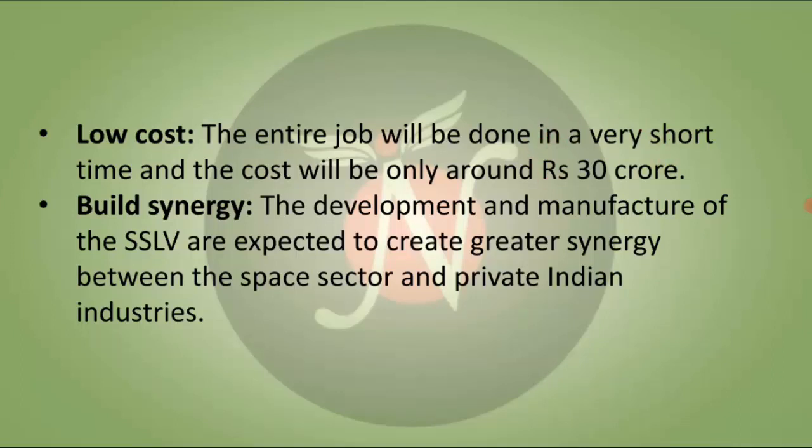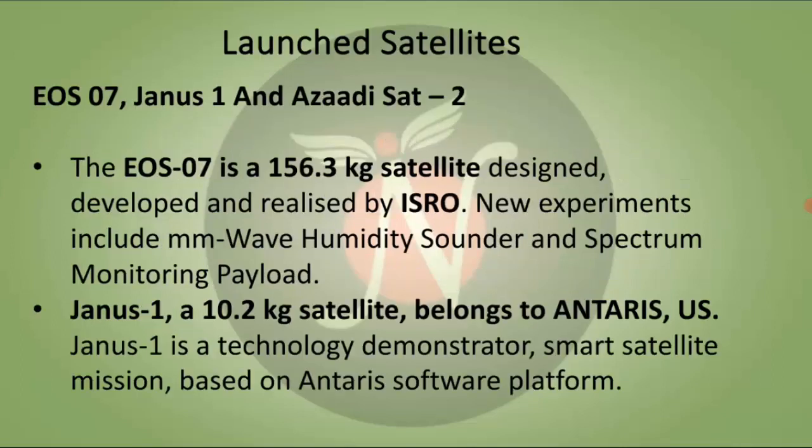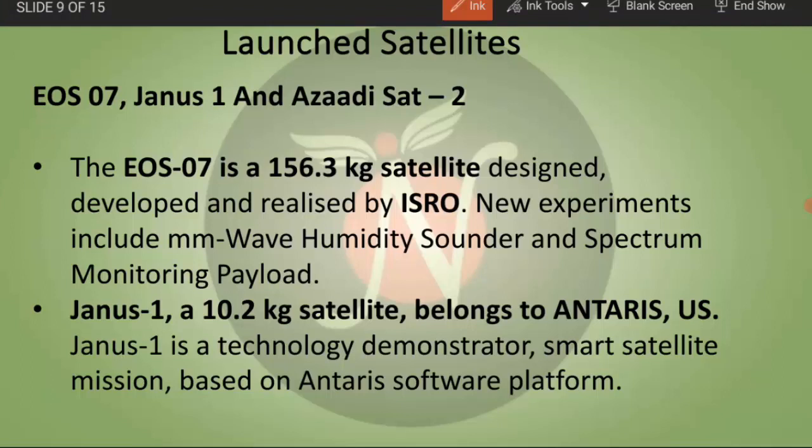Then build synergy. The development and manufacture of SSLV are expected to create greater synergy between the space sector and private Indian industries. Now what are the launched satellites? The launched satellites are EOS-7, Janus-1 and AzaadiSAT-2. The EOS-7 is a 156.3 kg satellite designed, developed and released by ISRO. New experiments include a wave humidity sounder and spectrum monitoring payload. Janus-1, a 10.2 kg satellite, belongs to Antares, USA.